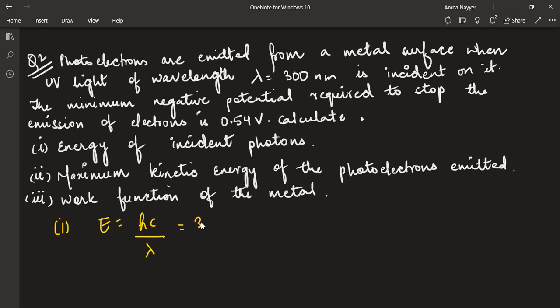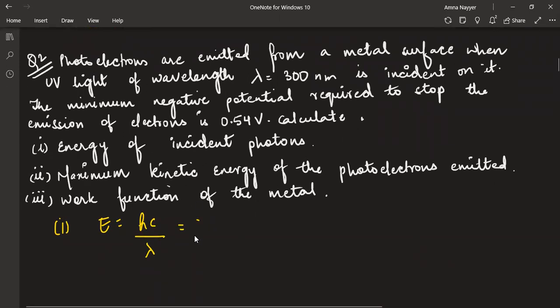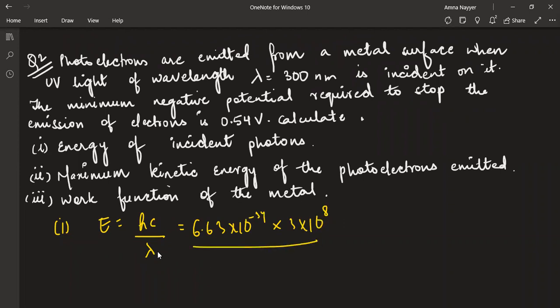Look, this is Planck's constant, 6.63 into 10 to the power minus 34 joule seconds. This is 3 into 10 to the power 8 meter per second. This is 300 into 10 to the power minus 9 meters.